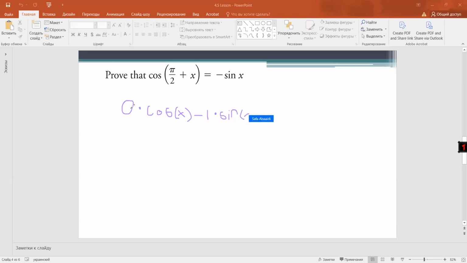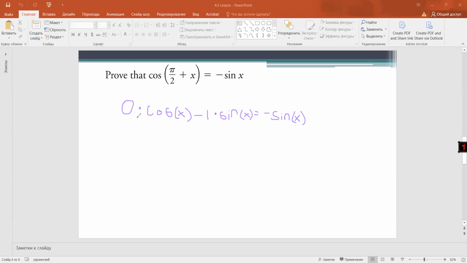Okay, cosine x equals 1 times sine x. Sorry, Safa, can you explain what exactly you're writing? Because I don't recognize it.